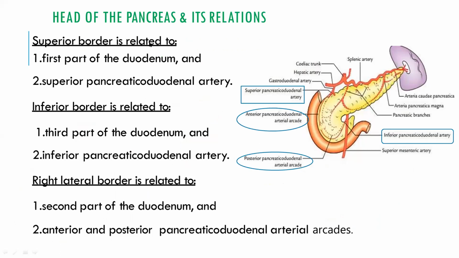So the superior border is related to the first part of duodenum as well as the superior pancreatico-duodenal artery, which is a branch of the gastroduodenal artery. Again, consider the arterial supply at the end; we will discuss it. The inferior border is related to the third part of duodenum as well as the inferior pancreatico-duodenal artery.